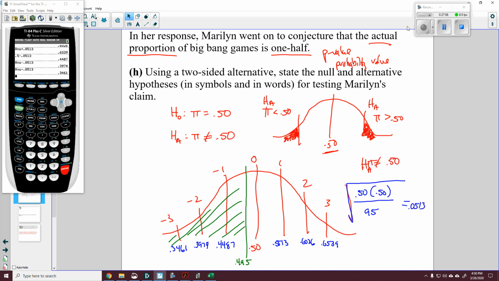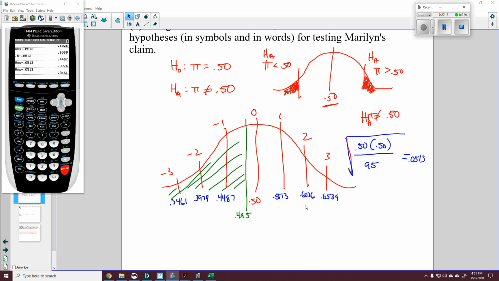So I'm going to go over here to my calculator and, oh, wait a minute. Before I can find that probability, I need to find the z-score for the 0.495. I'm going to use my formula of z equals y minus y bar over s.